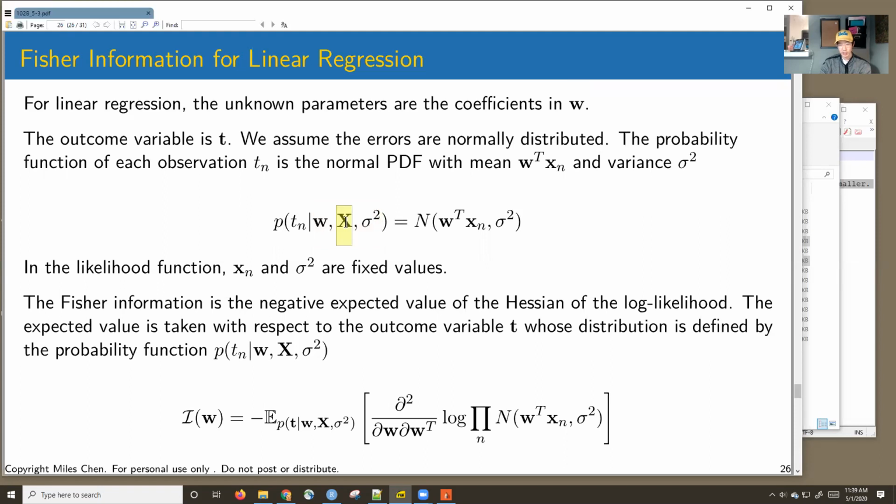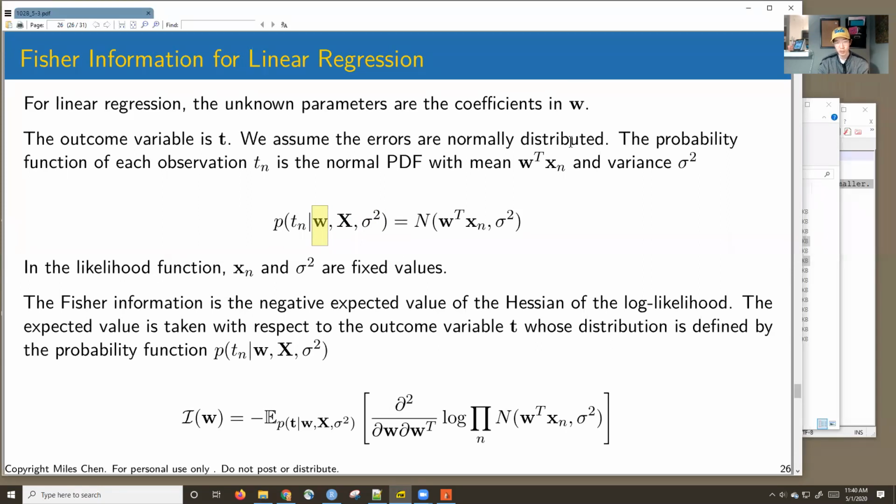As far as the likelihood function goes, we treat the input variables x as fixed values. So is the variance sigma squared. We're treating these as fixed values, and the coefficients w are the unknown parameter that we are trying to estimate.